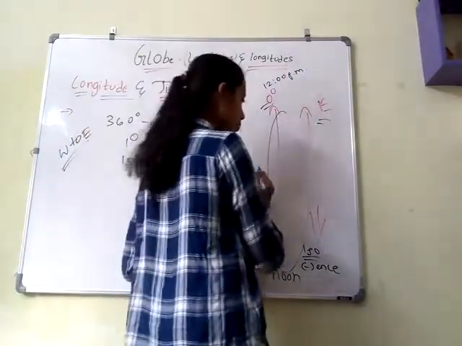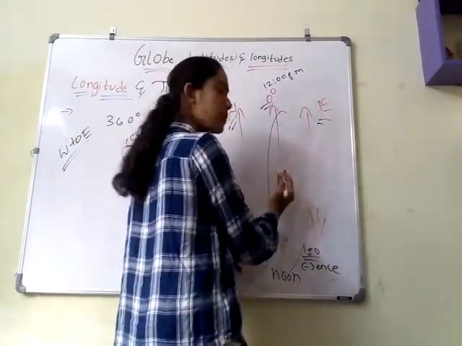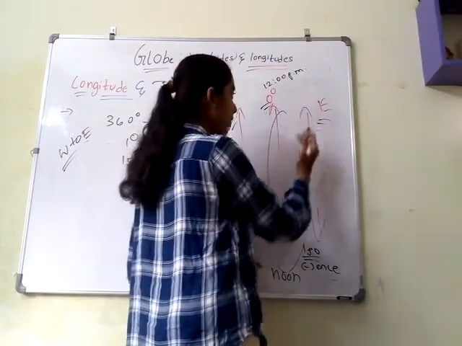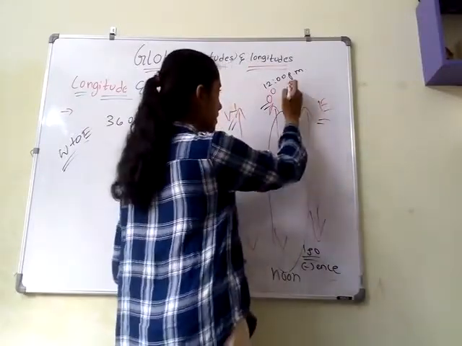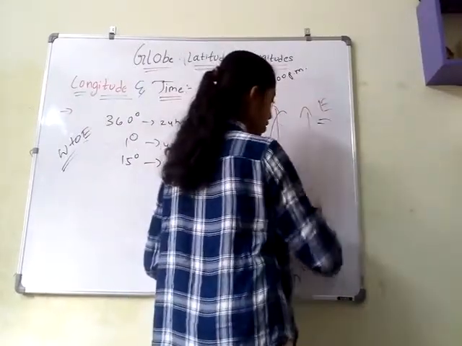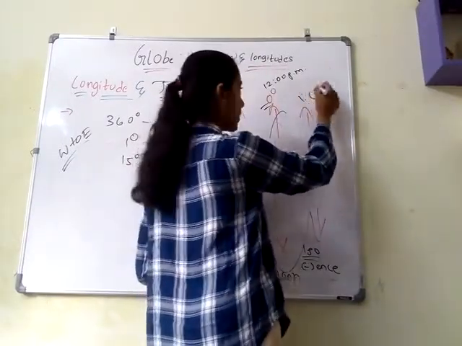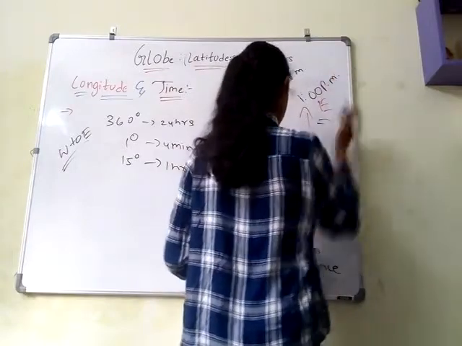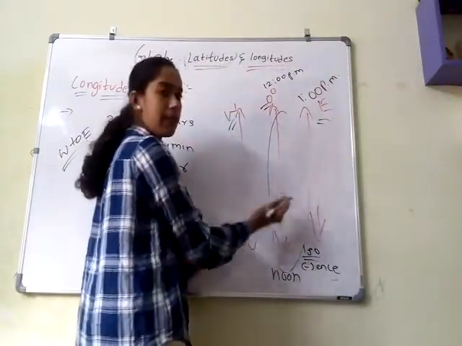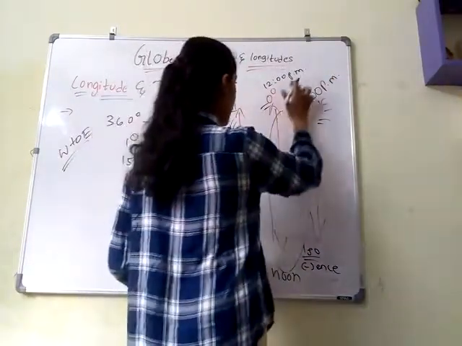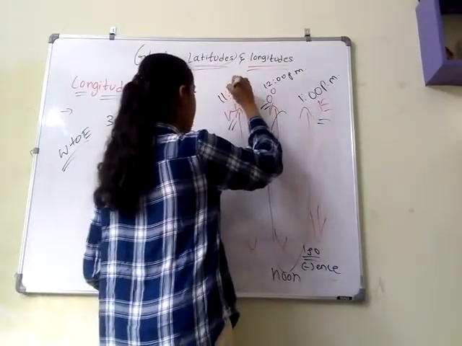As the earth moves from west to east, the places on the east will be 1 hour ahead, that is plus 1 hour. So these places along the east longitude will have 1 p.m., and the places which are west will be behind it. When it is 12 p.m. here, it will be 11 a.m. there.